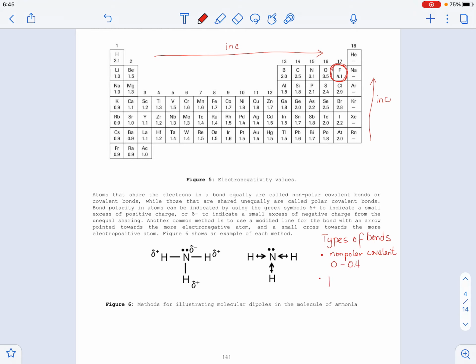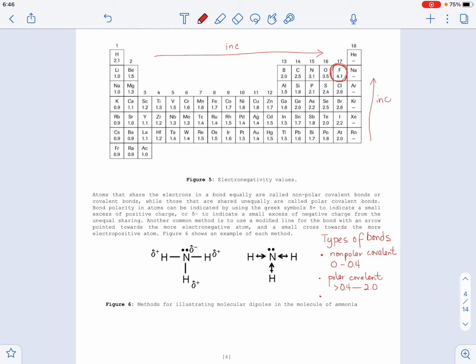You can also have a polar covalent bond, which is going to be values higher than 0.4 all the way to 2.0.